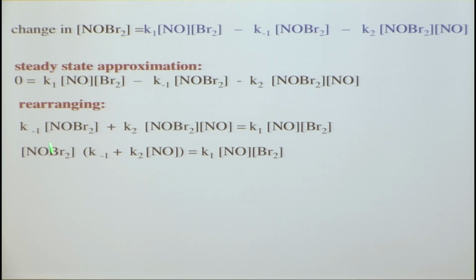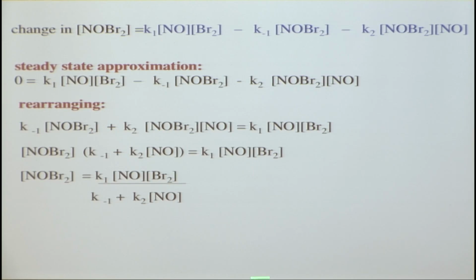So we pull out NOBr2, leaving k minus 1 plus k2 and NO, and set it equal to the rate law for the first step in the forward direction. We can solve for the intermediate, taking this divided by this term. So we have k1 times NO times Br2 over k minus 1 plus k2 times NO.